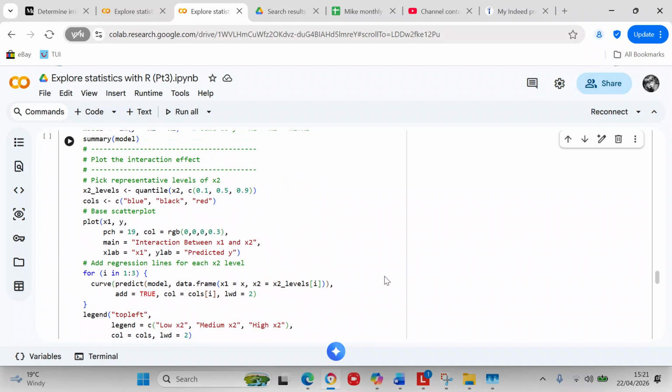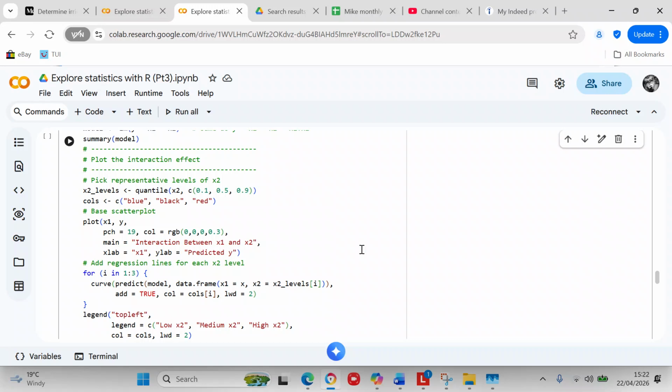And we're going to create a scatter plot of that. So plot brackets X1, comma, Y, comma, pch, that's the size of the dot. Color is a vector of 0, 0, 0, 0.3, I believe. I can't see my screen very well.